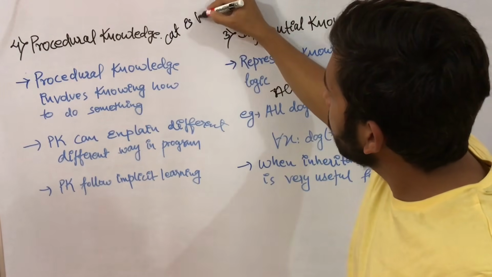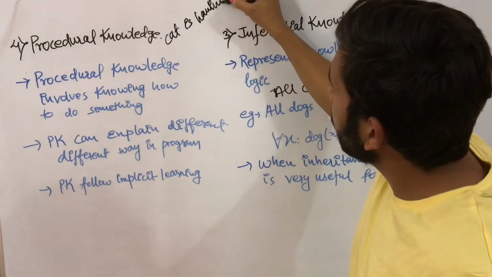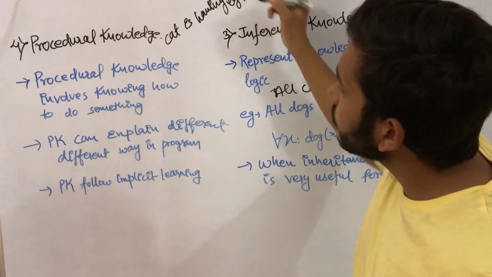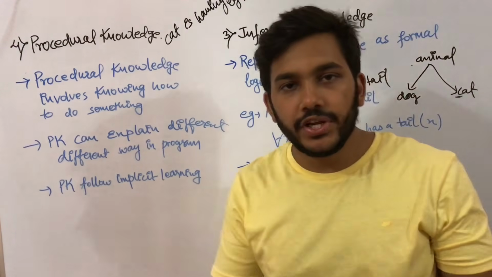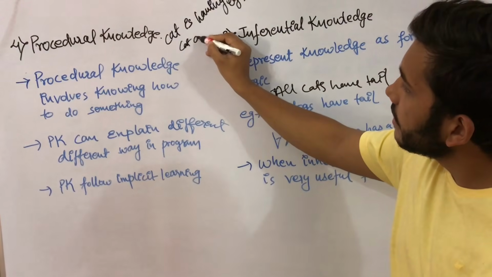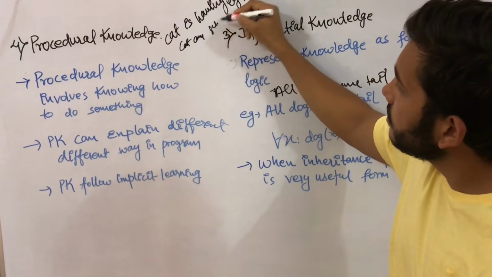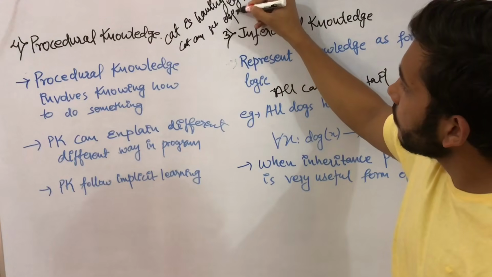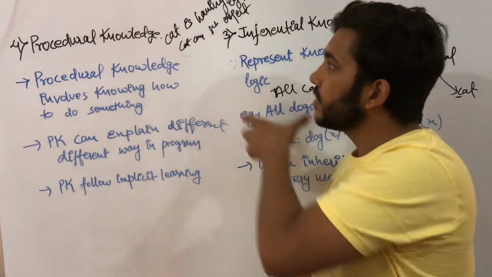For example, a cat has eyes, and we know that if a cat has eyes, then the cat can see objects. These are procedural knowledge.